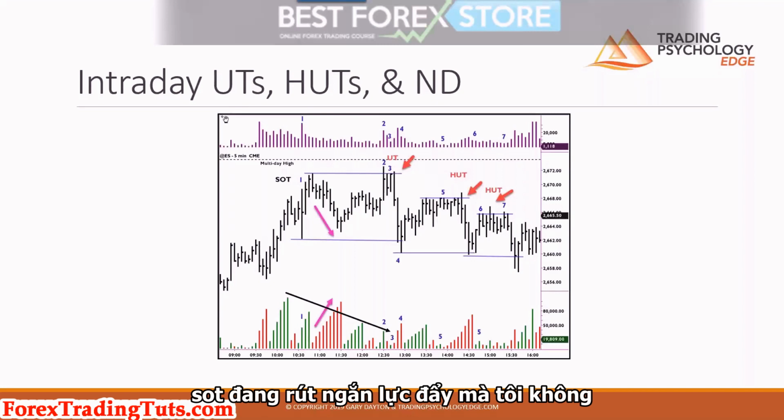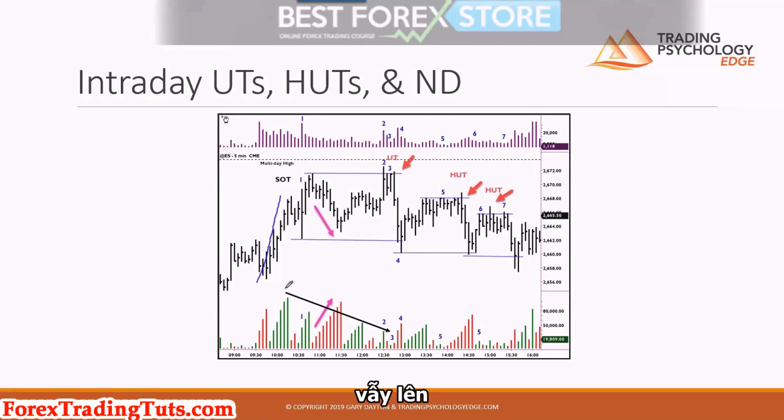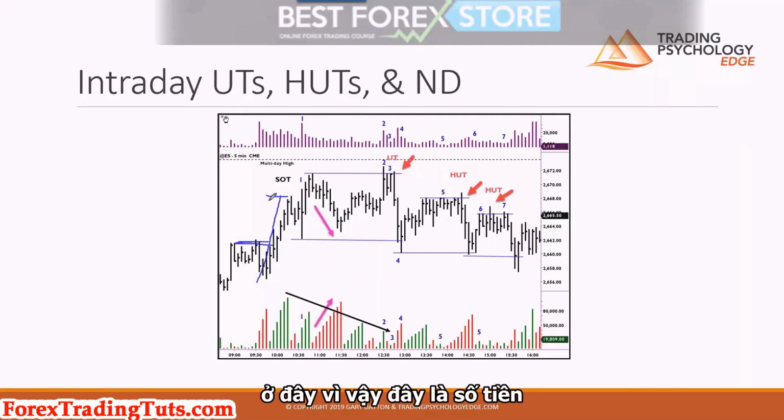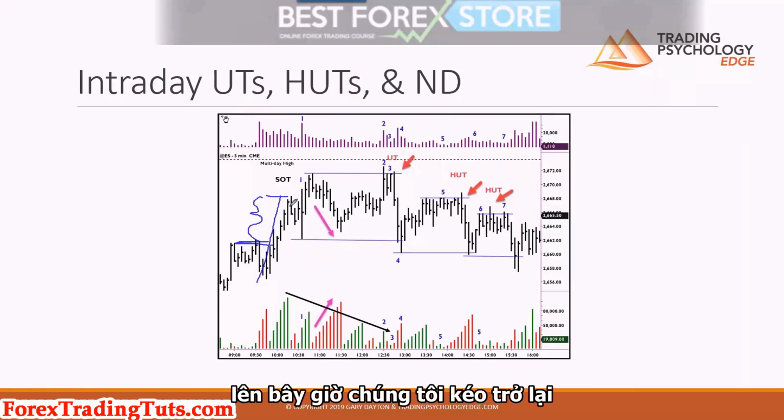SOT is shortening of the thrust. I'm not sure what the question is in relationship to, but SOT would mean short. Oh, I see. I've got it on this chart. Hang on, I'll explain. I just do it by the waves here. You got a wave up to this point, and say we broke out from here. So this is the amount of progress that we've made on this wave up. Then we pull back.